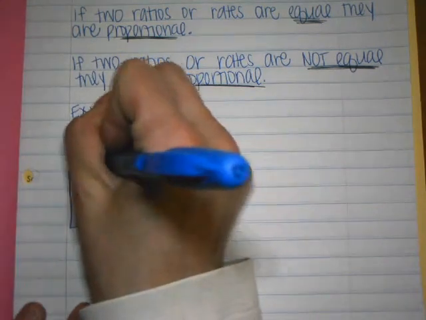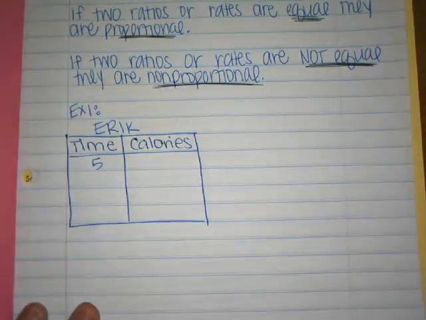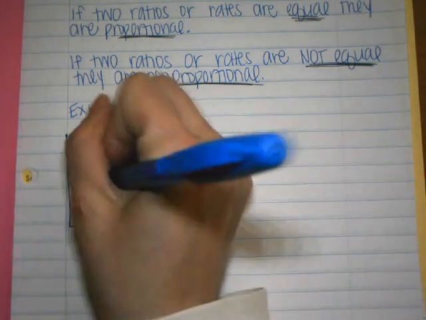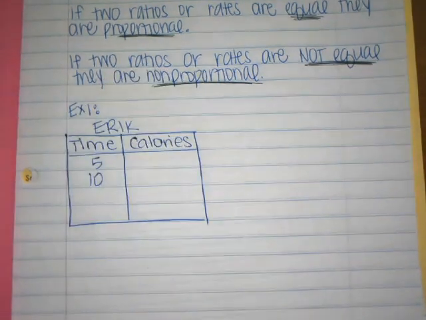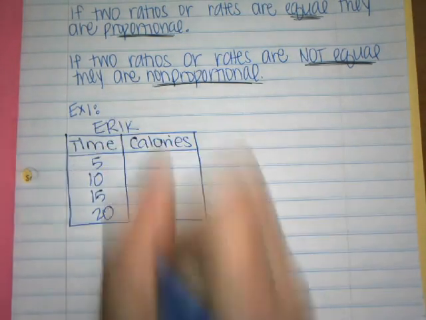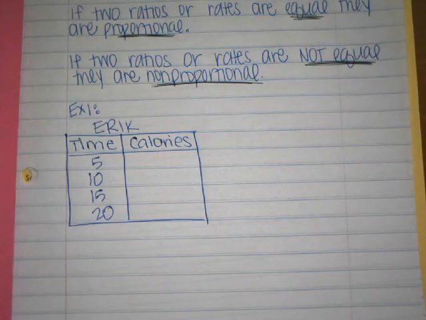So he looks at his smartwatch to figure out how many calories he burned after 5 minutes of working out, after 10 minutes of working out, after 15 minutes of working out, and after 20 minutes of working out.